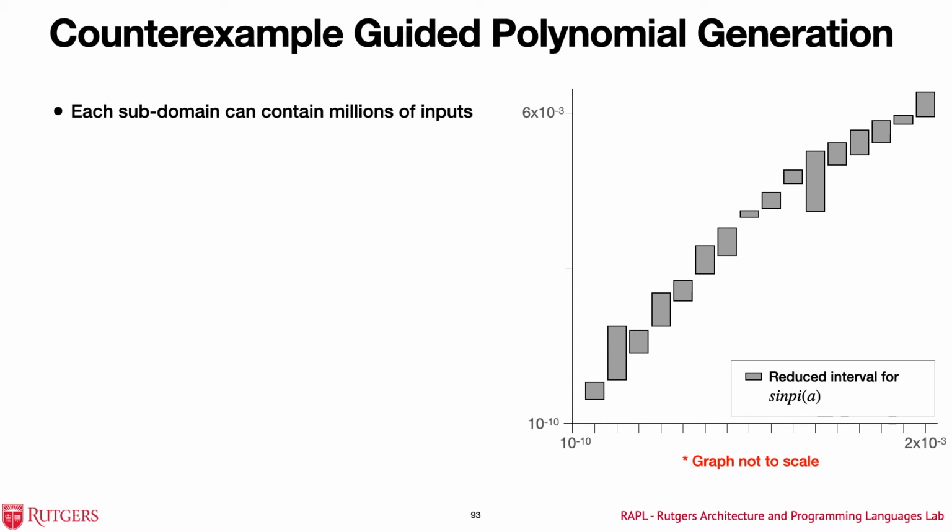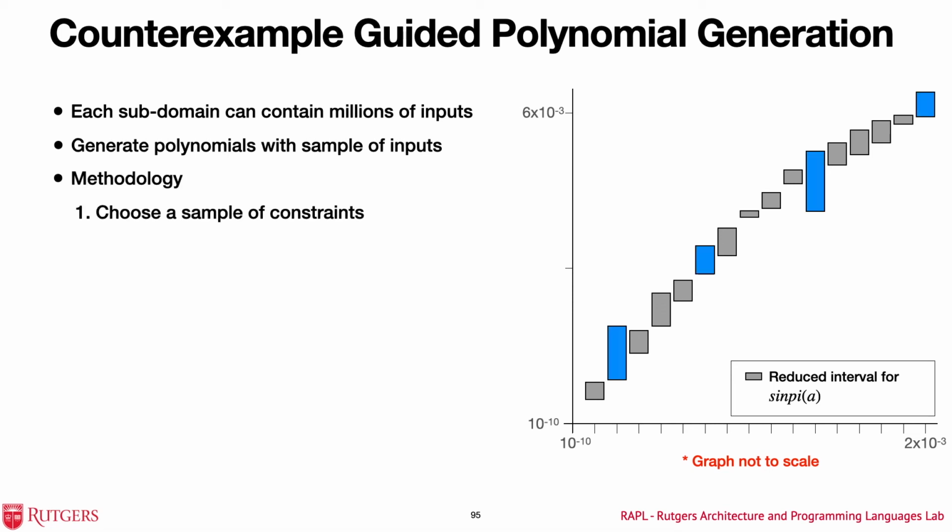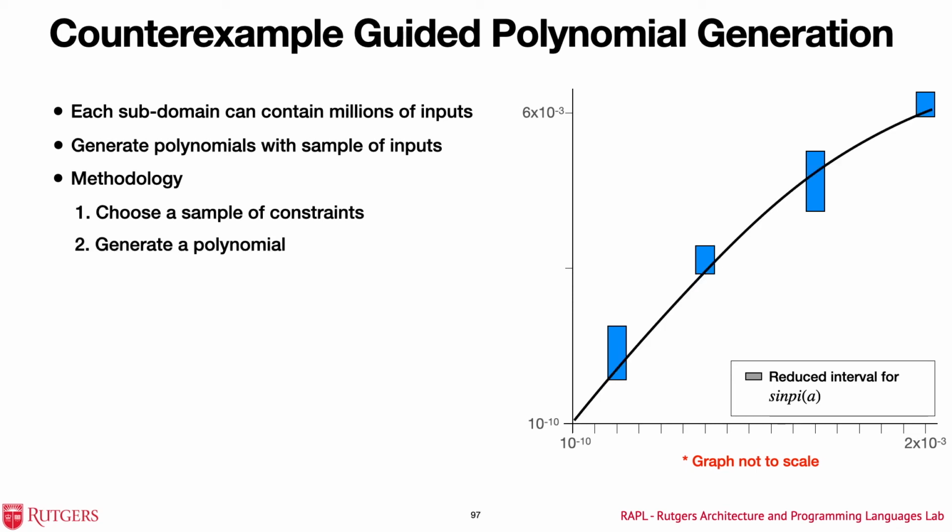Finally, even the split subdomain may contain millions of reduced inputs, and an LP solver cannot feasibly handle millions of constraints. So we propose a counterexample-guided polynomial generation technique inspired by program synthesis. First, we choose a sample of constraints and use just these constraints to generate a polynomial that satisfies all the constraints in the sample.